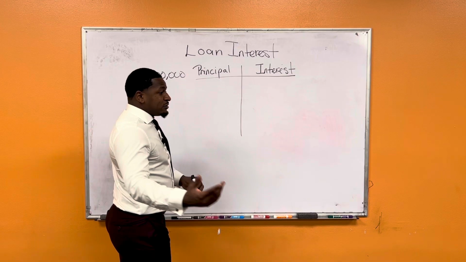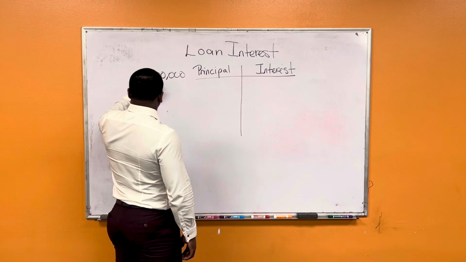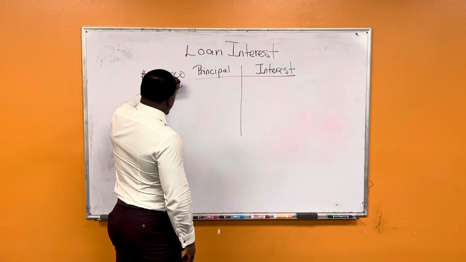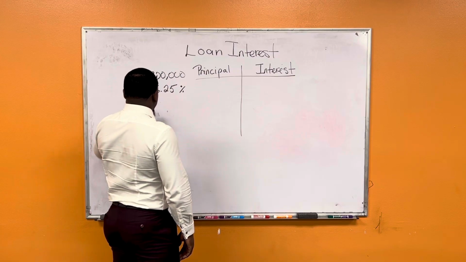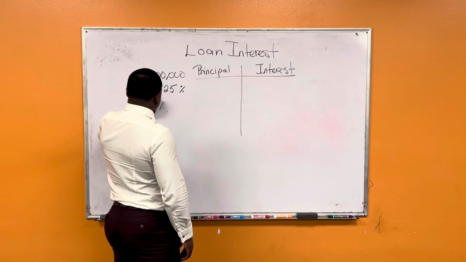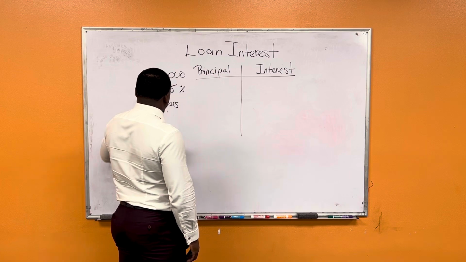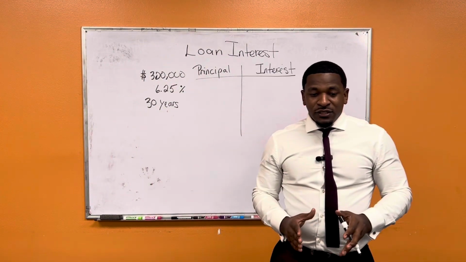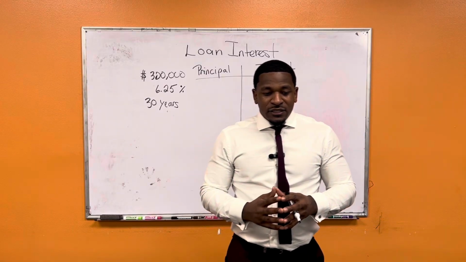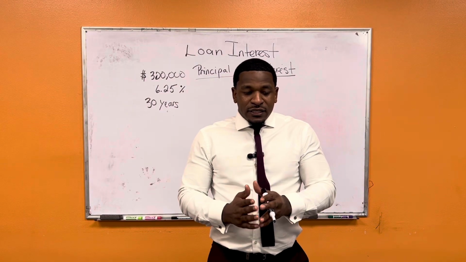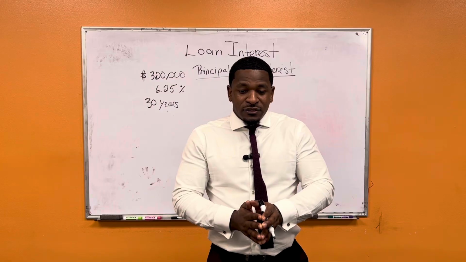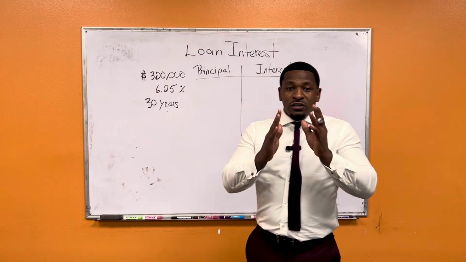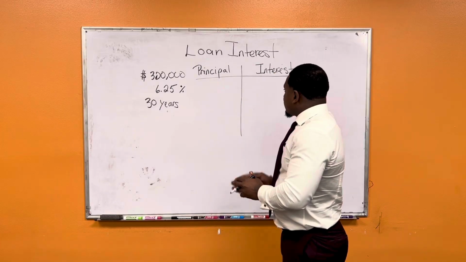And the house interest rate is 6.25% for 30 years. Let me show you what they're doing to you. I want to make this clear because my clients, it doesn't hit them hard enough, and I want to let them know what it's doing, and I want to let the world know what it's doing.